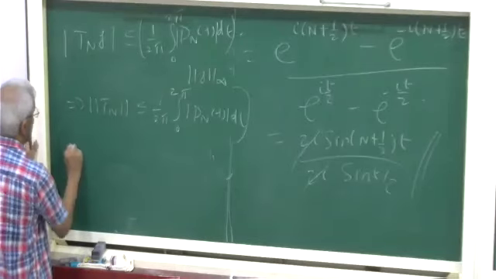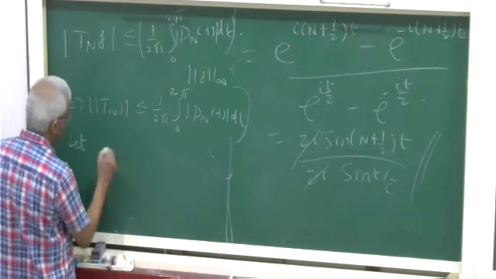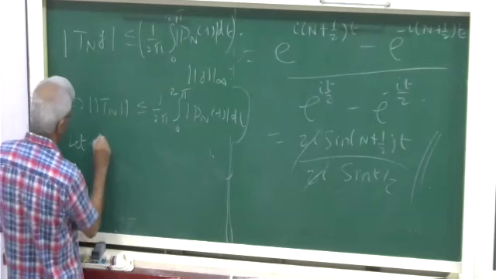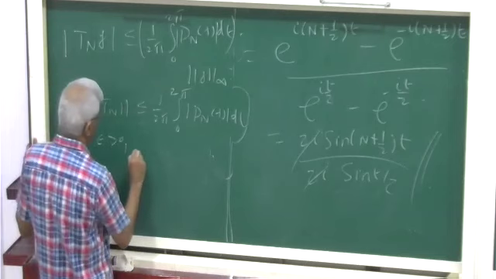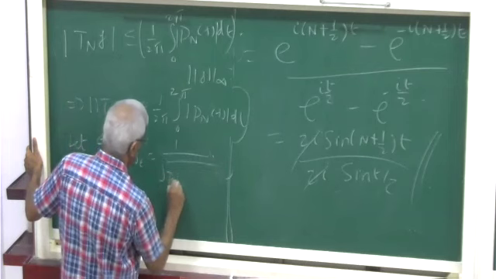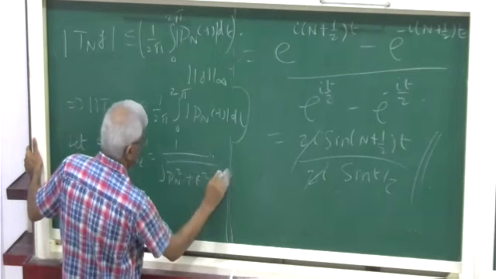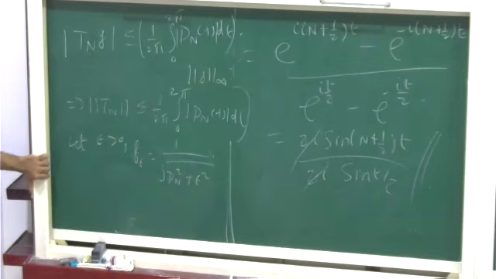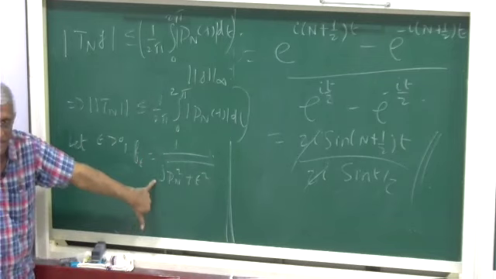So because of that, for epsilon greater than 0, or 1 by n, you can take epsilon, or you can take 1 by n. Let f epsilon be equal to 1 by the square root of the square plus epsilon square. You wish epsilon or epsilon square, doesn't matter. This function will not vanish.